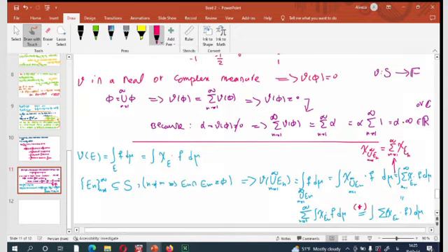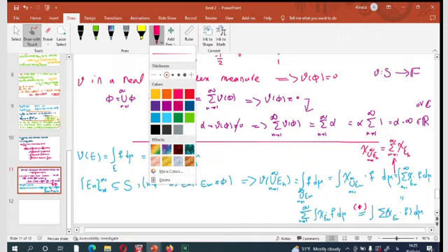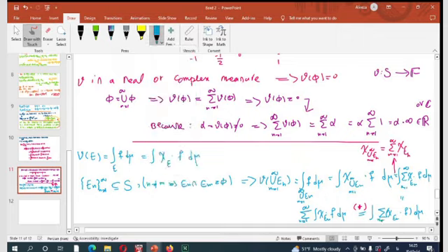This holds by the dominated convergence theorem. Let me write this for you, with n from 1 up to infinity.